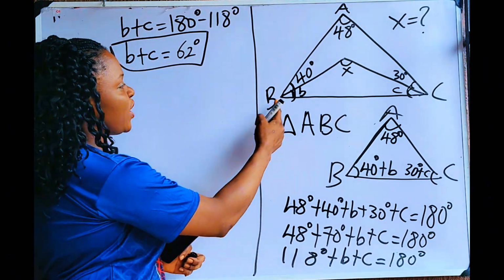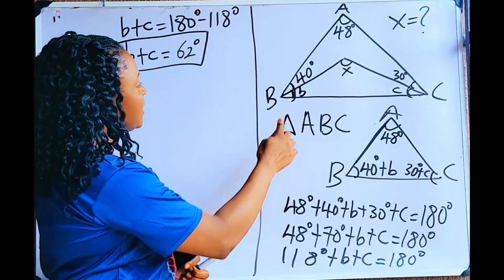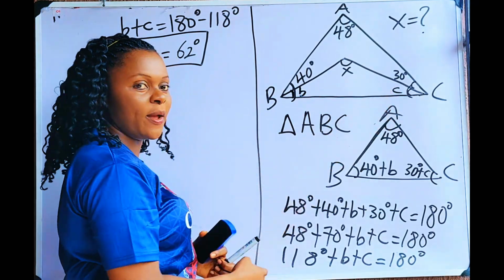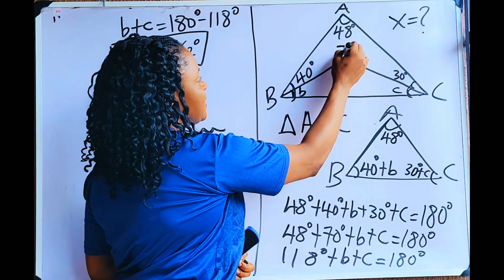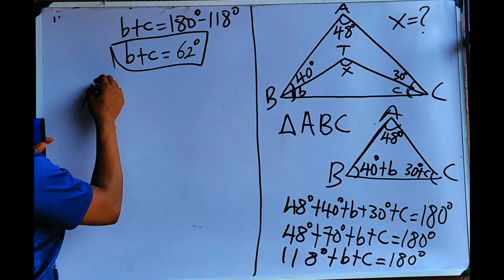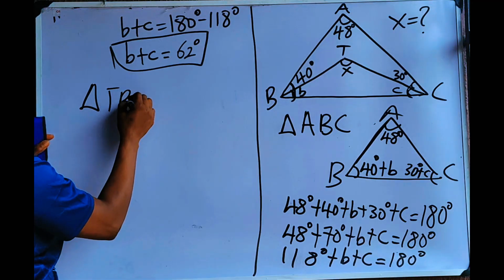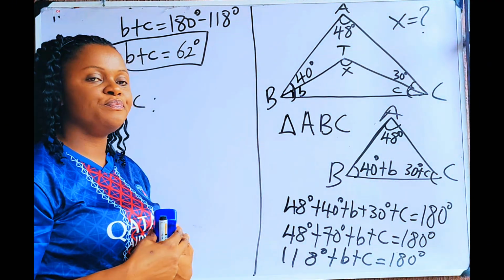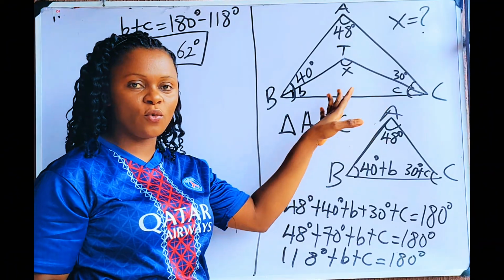Now looking at this triangle here, we have gotten these two angles, b and c. And let's name here T. So this triangle TBC will now be equal to, remember, the sum of angles in a triangle is equal to 180 degrees.